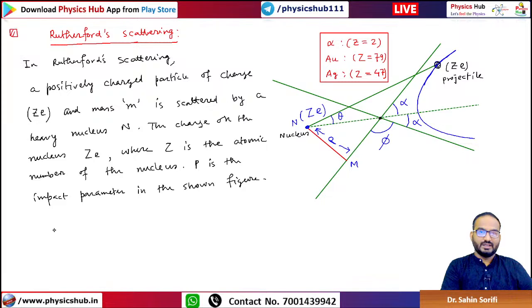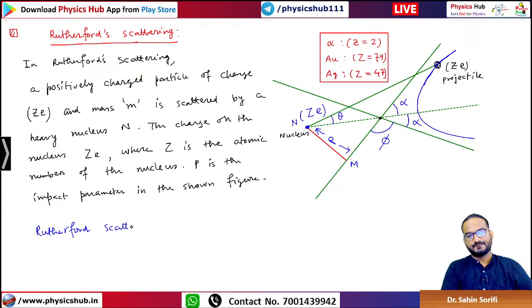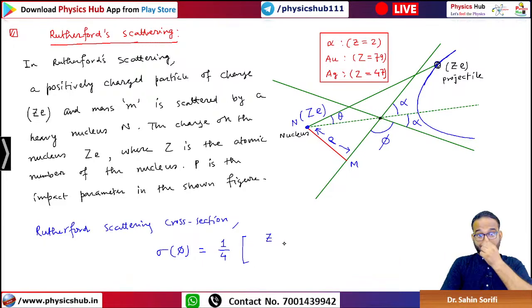So from this you will get the Rutherford scattering cross section. This formula is very important. Rutherford scattering cross section is given by sigma, which is a function of the scattering angle phi. This is equal to 1 by 4, and you need to remember this expression: small z, atomic number of the projectile, capital Z, atomic number of the nucleus.